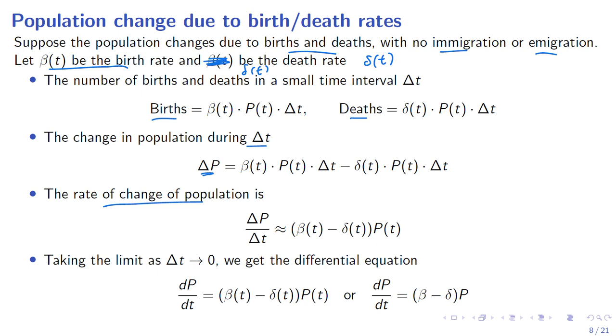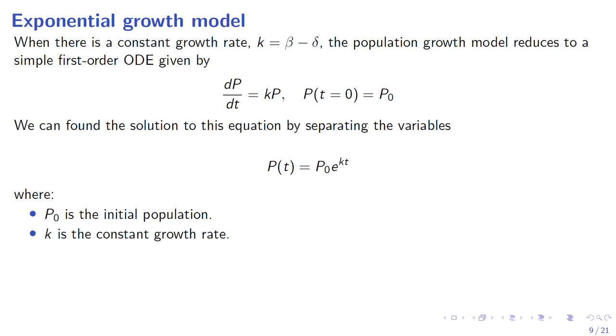Okay, now let's go back and explore a little bit more about the exponential growth model that we have already discussed before. When there is a constant growth rate, that means our k, which is beta minus delta, will be a constant number.